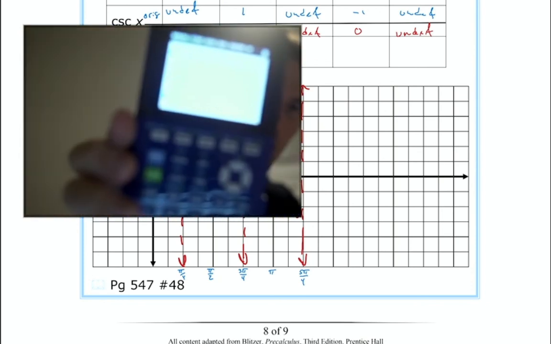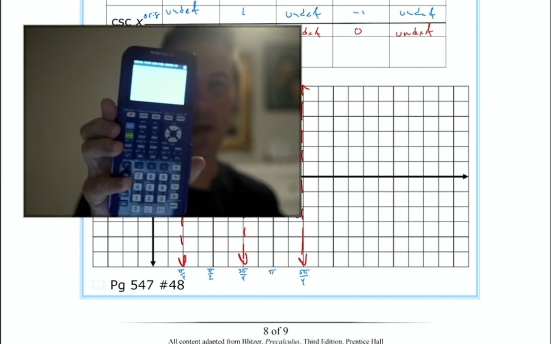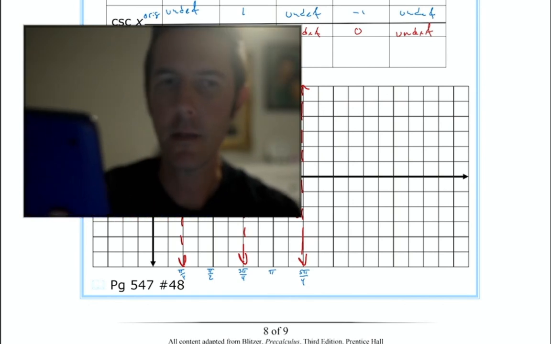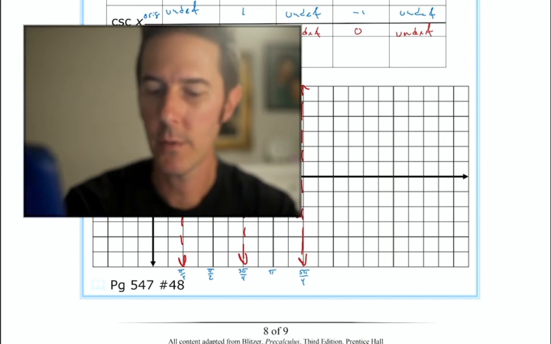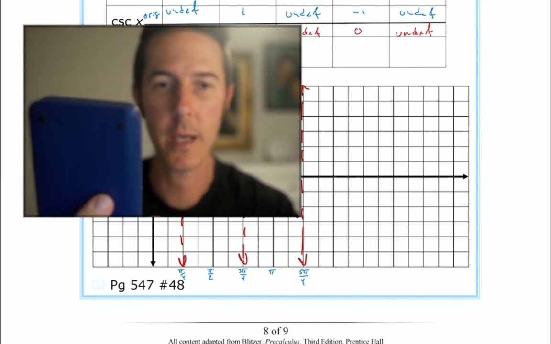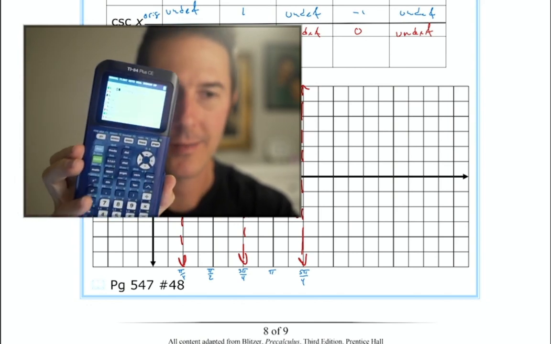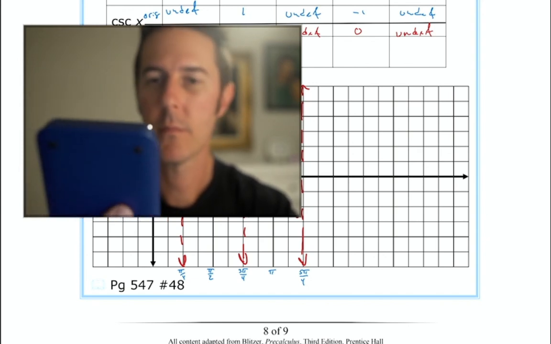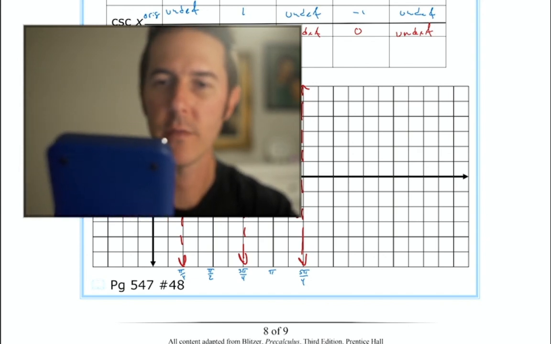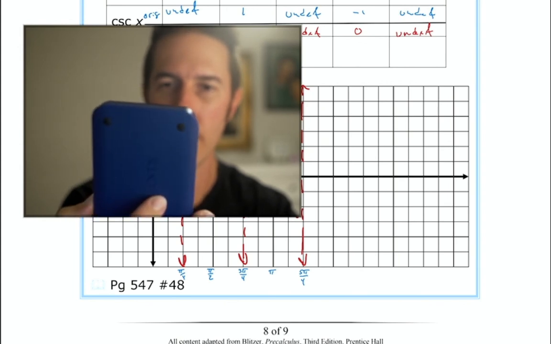I typed in this equation, and because there isn't a cosecant button on the calculator, I had to type in 1 divided by sine, and then the expression 2x minus pi over 2, close my parentheses, and then hit plus 1.